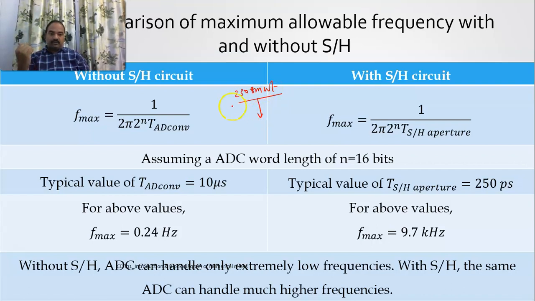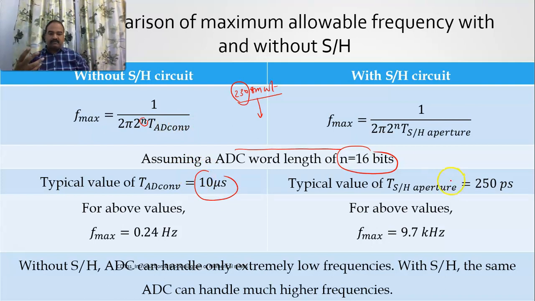So these values, which are varying continuously, should be converted into digital. Right? So I'll assume that there is an ADC of word length n equal to 16 bits. So if I place n equal to 16, normally for A to D conversion by a converter, the conversion time takes 10 microseconds.